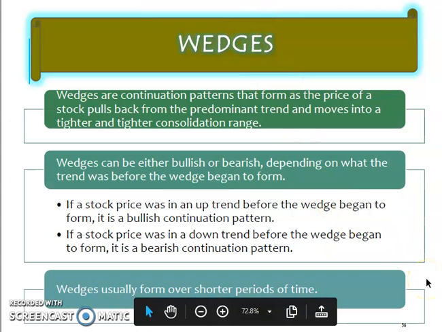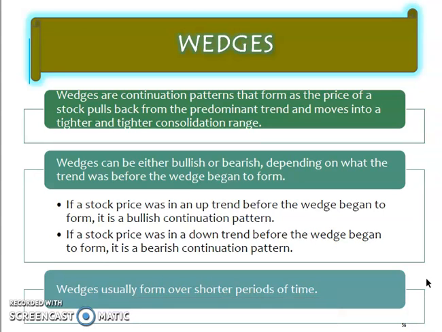Then the third type of continuation pattern is wedges. Investors or analysts may get confused between pennants and wedges.